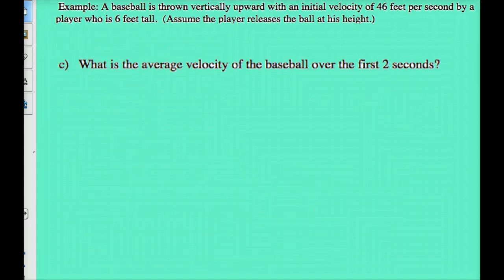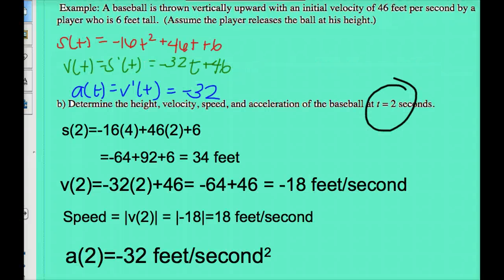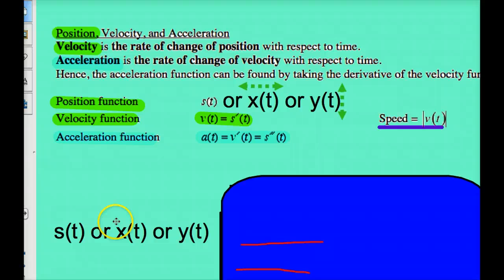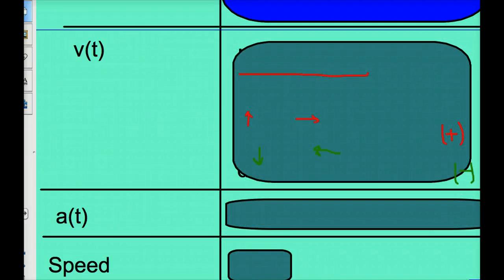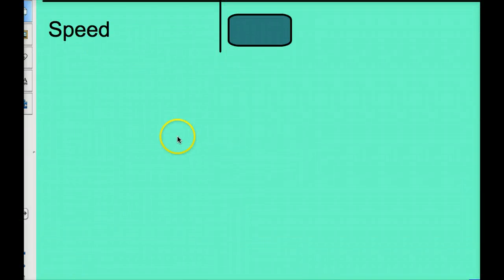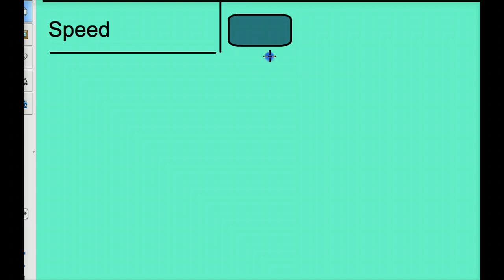Part C is asking for the average velocity. So we haven't done the average velocity, so let's go back to our chart and add in a new section right here. And so average velocity is taking a look when I have a certain interval of time.